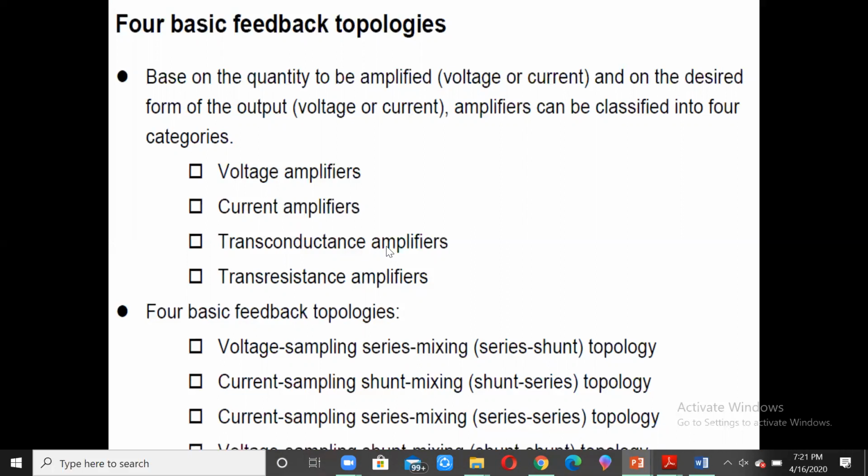Then we have the transconductance amplifier, where the output is current and the input is voltage, and that corresponds to current sampling and series mixing, which is series topology. The fourth and last one is the transresistance amplifier, where the output is voltage and the input is current, and that corresponds to voltage sampling and shunt mixing, also known as shunt topology.